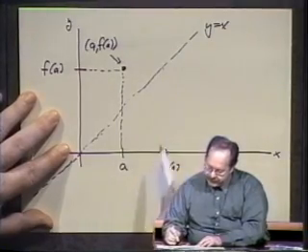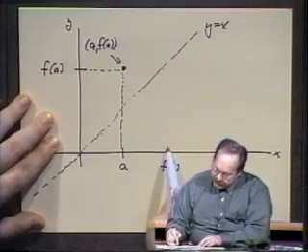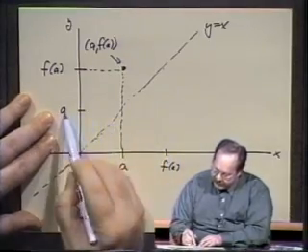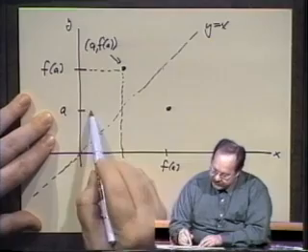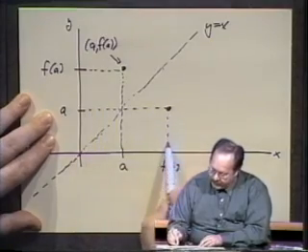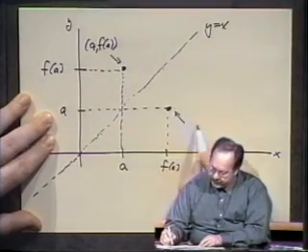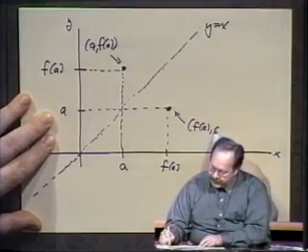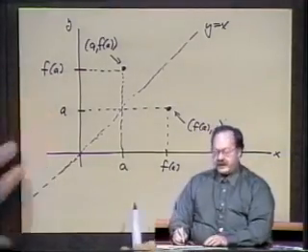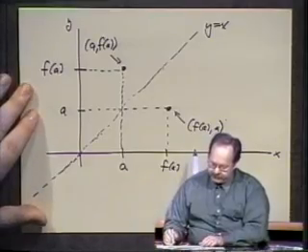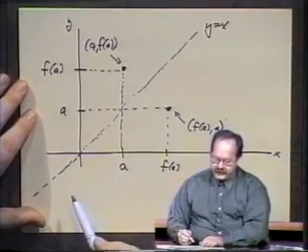That would be f of A. And when we go up to the curve, it will go to a height of A. So it will have this kind of picture, and this will be the point f of A, A, which lies on the inverse function curve. So there are the 2 points.